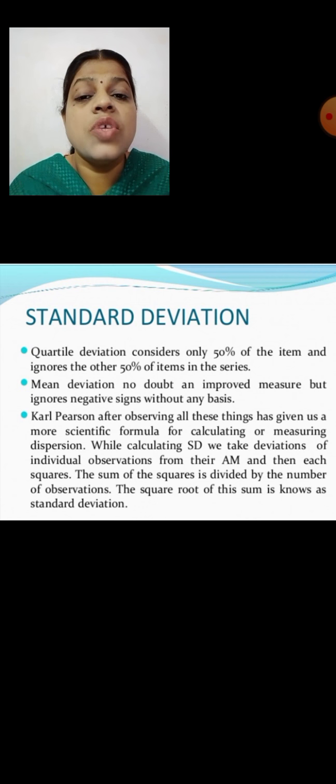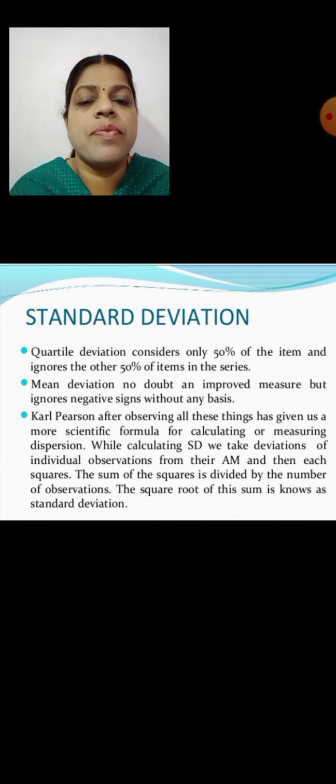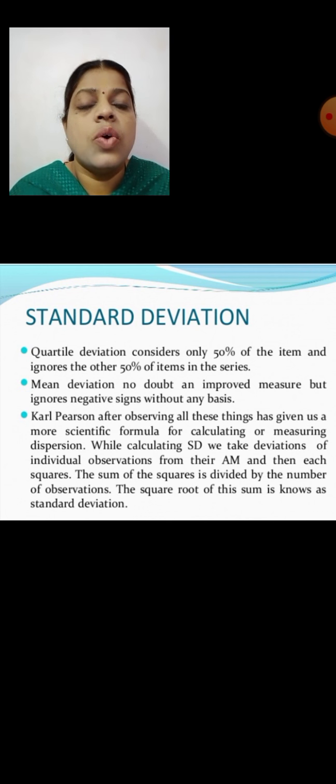All the negative values we have to convert into positive values, and they have ignored the significance of the negative signs. So Karl Pearson, after observing all these things, has given us a more scientific formula for measuring dispersion.